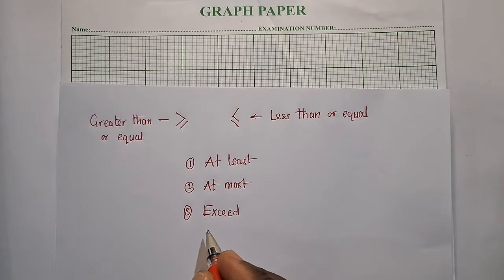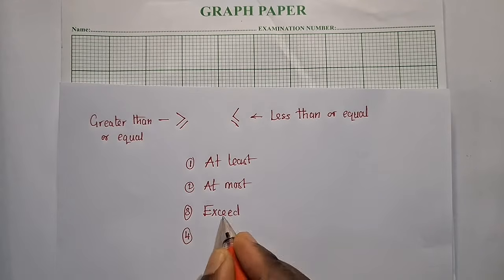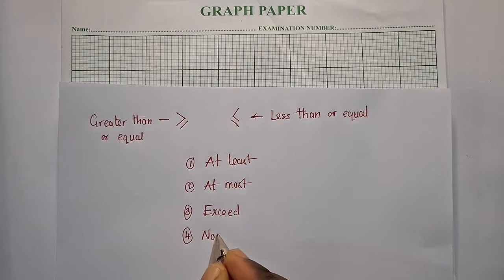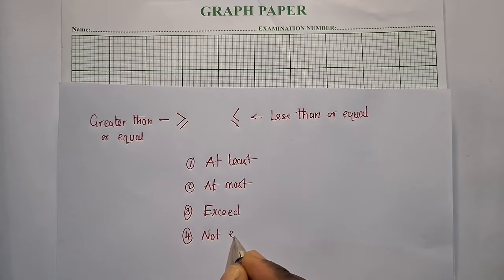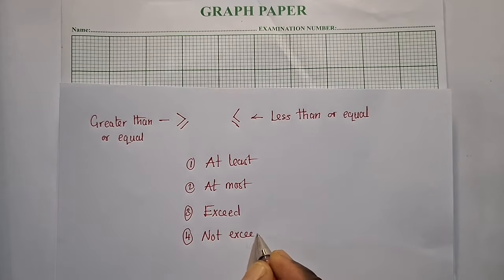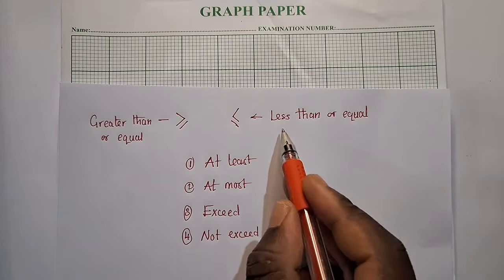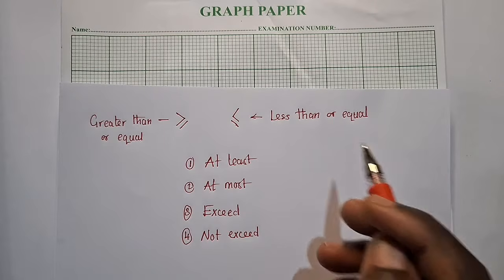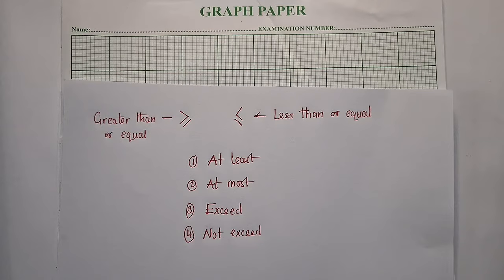There is also something you are supposed to know, and this, of course, is the opposite: "not exceed," which means less than or equal to. As we answer the question, we'll put in some other terminologies so that we can fully understand the topic.